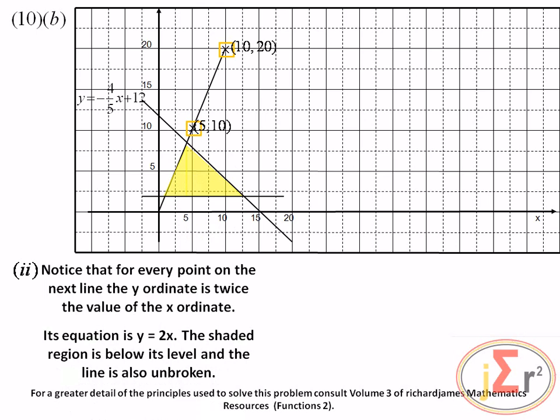So its equation is y is equal to 2x. The shaded region is below its level and the line is also unbroken. So we know that is representing less than or equal to. So we have y is less than or equal to 2x.